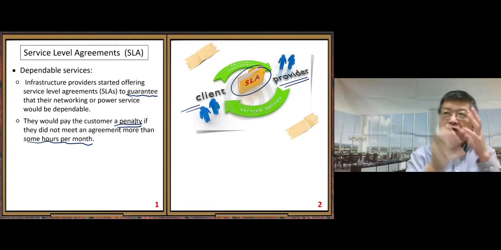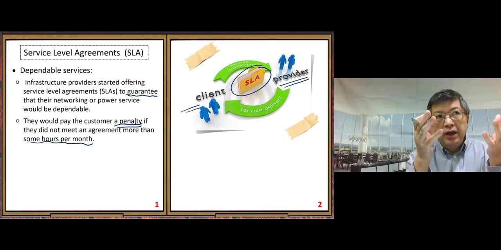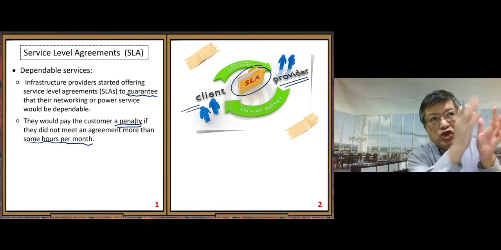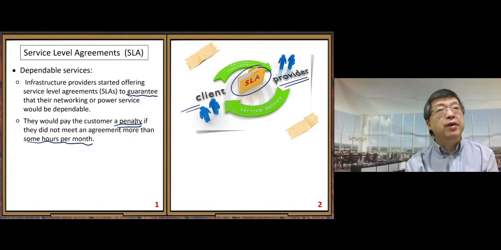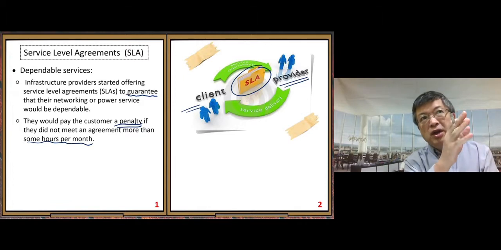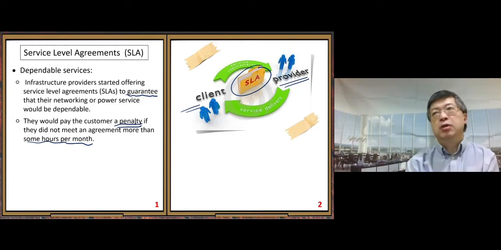Because when you set the service interruption time, it should be a certain number of hours per month, right? Because to be reasonable, it is very hard to promise there is no interruption in the service. That's not realistic. So the customers accept some reasonable number of hours per month.